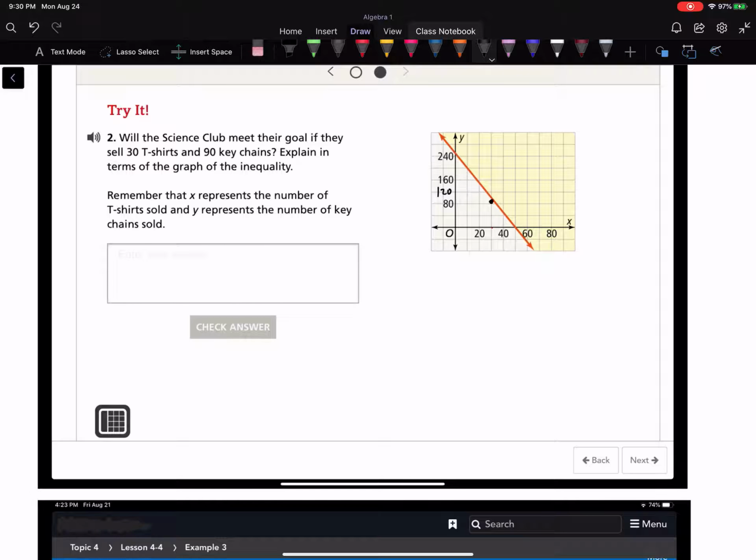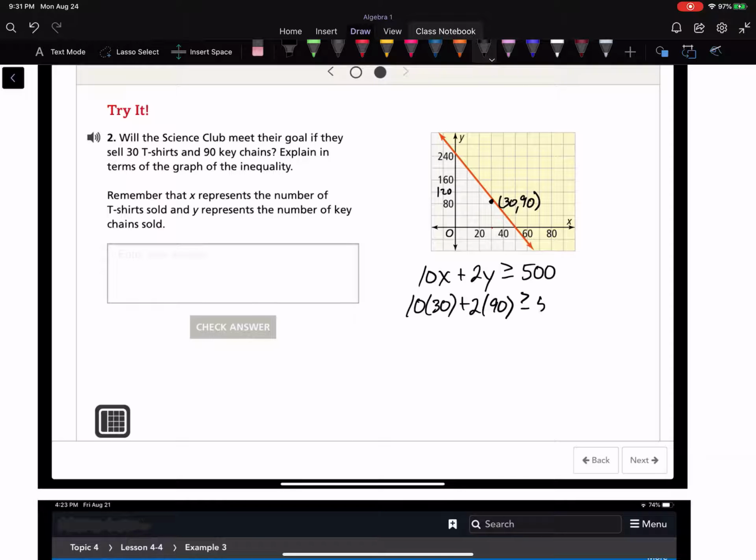So I am not confident enough to say that works. If you're not sure, remember, it has to be on that line or above it, and you can always plug it into your original inequality. Let's just see if this works. This is supposed to be 30 and 90, so let's plug in those numbers: 10 times 30 plus 2 times 90.